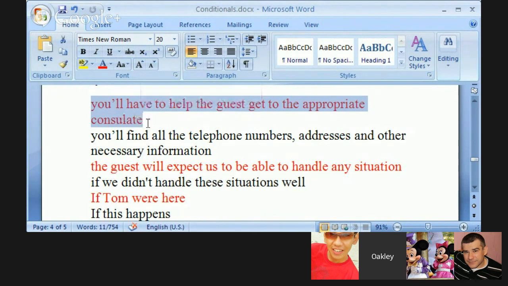When you're speaking, however, it sounds a little too formal and a little strange to native speakers to say you will have to. It is much more natural to say you'll have to help the guest. It's better in speaking to say you'll, in other words. Okay, thank you. You're welcome.